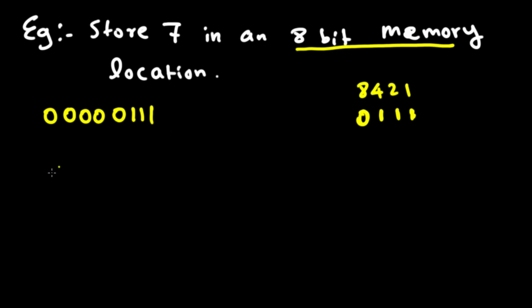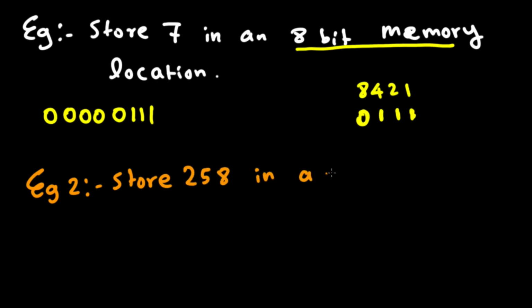Now let's look at another example where we store a number in a 16-bit memory location. Example 2. Let's say we want to store 258. Same question, but this time we are going to store it in a 16-bit memory location.